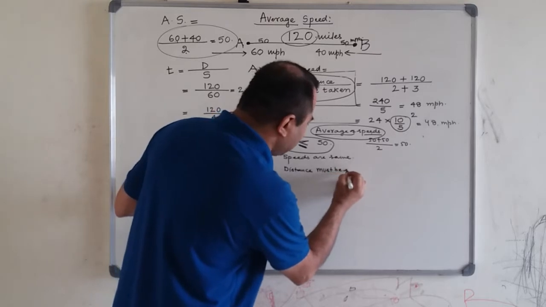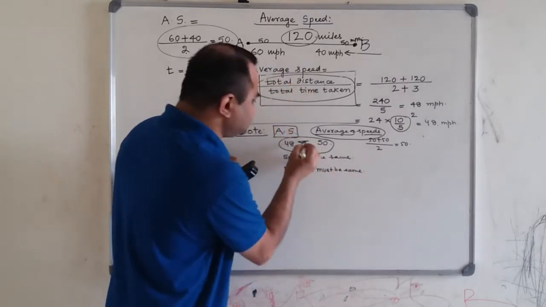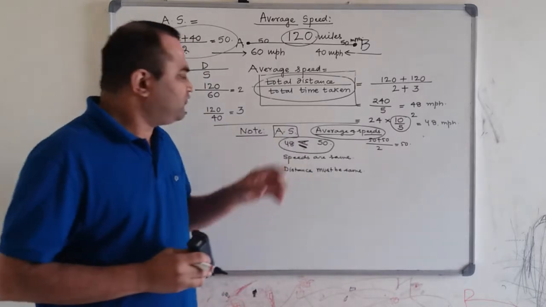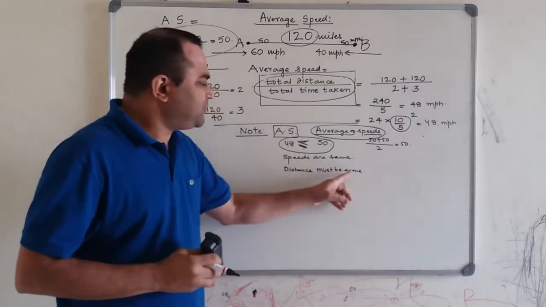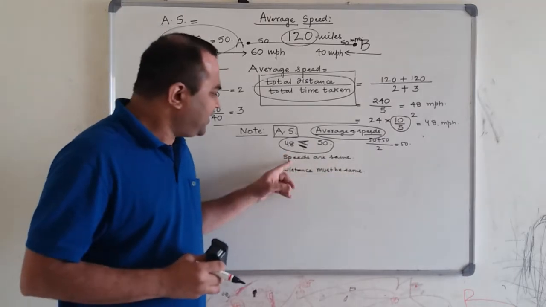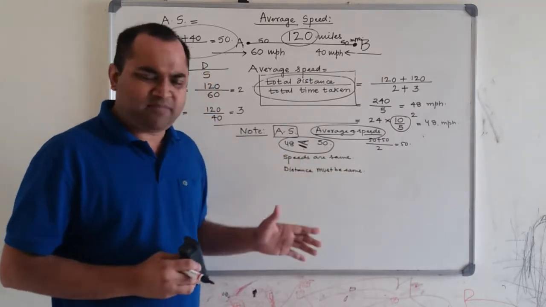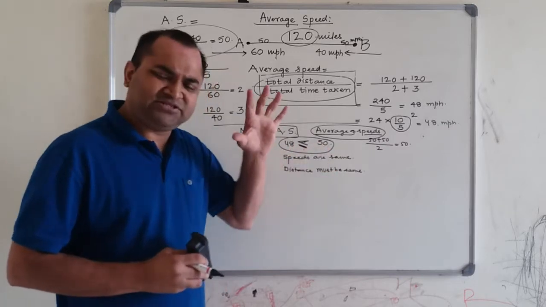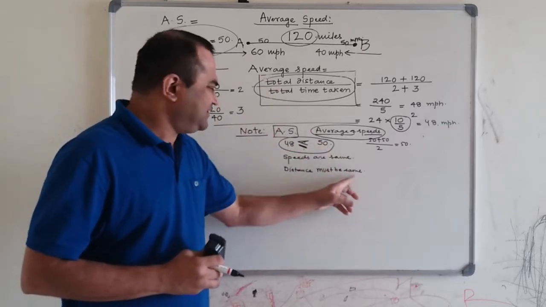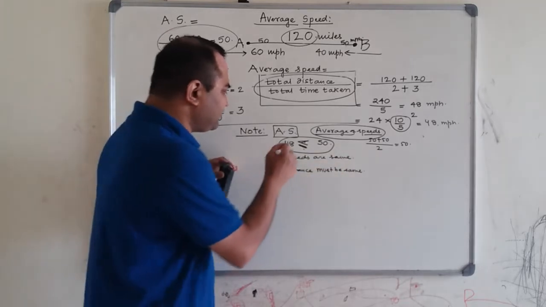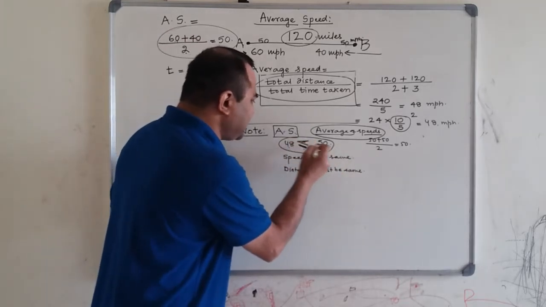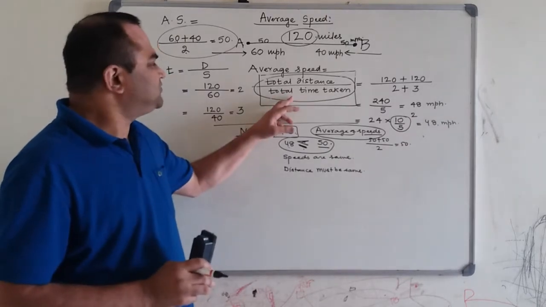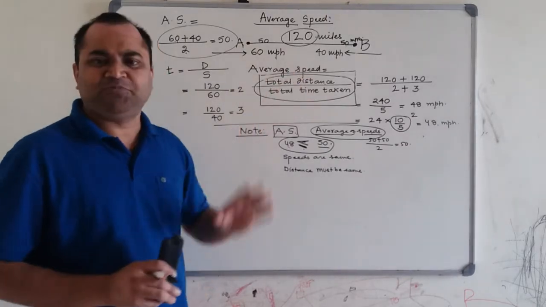If distances are different, then these two relationships may or may not apply. So to remember this note, distances must be the same. And if speeds are the same, then average speed will be the same as average of the speeds. If distance is the same and speeds are different, then average speed would be less than average of the speeds. So remember to apply this formula for finding average speed.